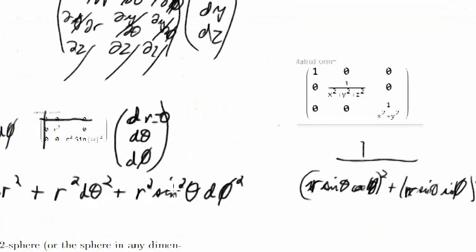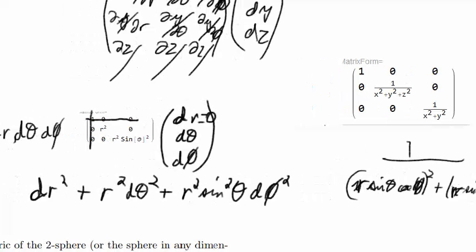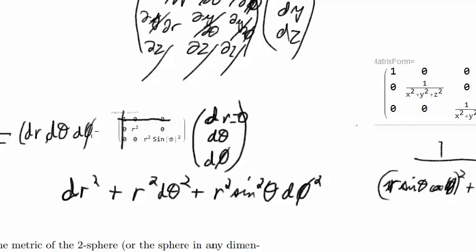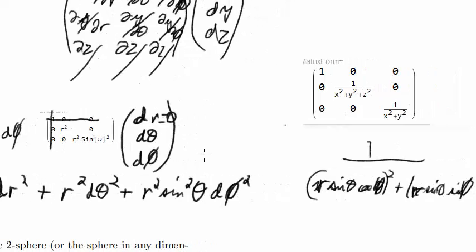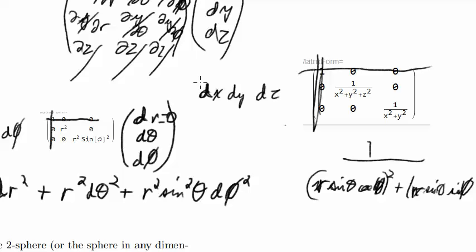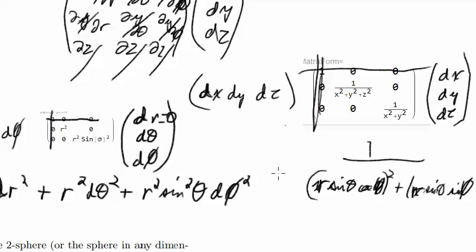First of all, basically he's created a metric that is valid in 3 dimensions, dr, d theta, d phi, and he has crossed out that column, so it should be dx, dy, dz, and dx, dy, dz.